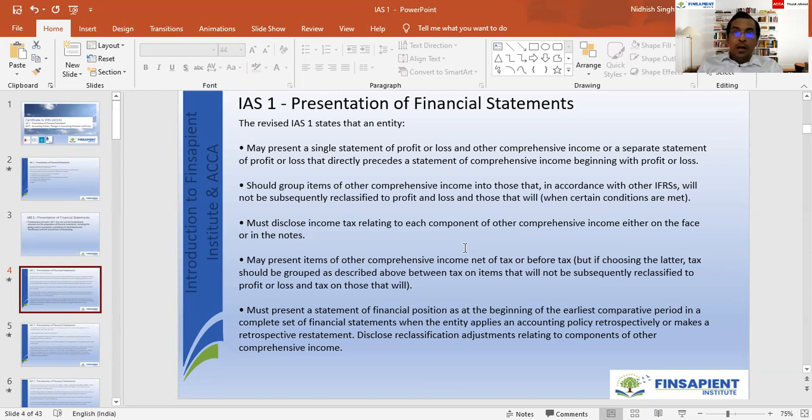If something is material, generally it is also a matter of judgment. However, if any expense is higher than 10% of the entire expense of the profit and loss, you need to highlight that separately. You need a separate line item for that, as per the rules of IFRS.